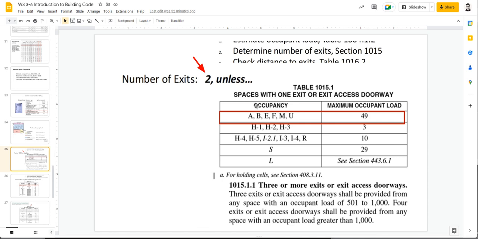If your room is an open space with walls and roof, enclosed, but you are serving a crowd, and when you divide that area by 15 or 10 it gives you 1,000 or more, then you need four exits. But generally we always have two.